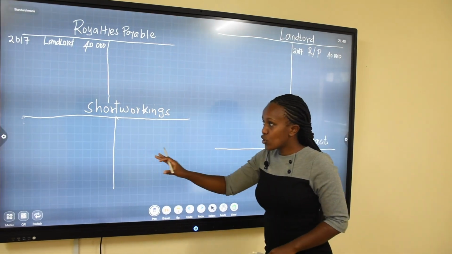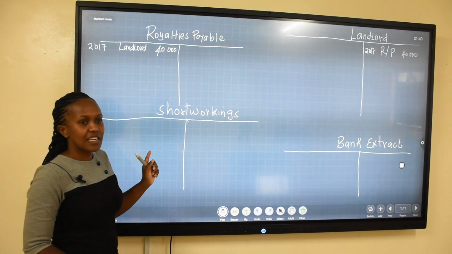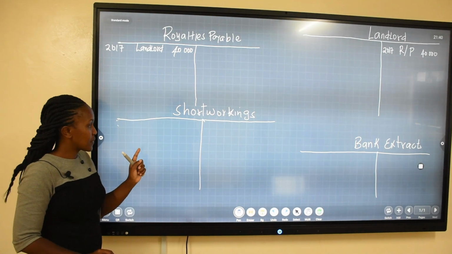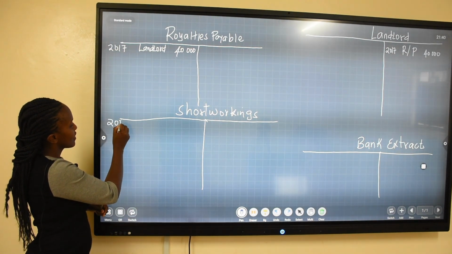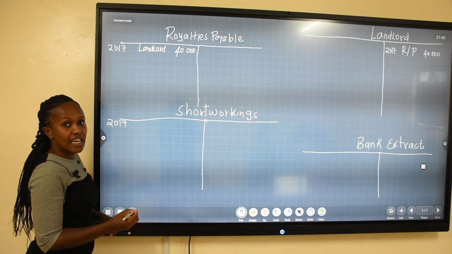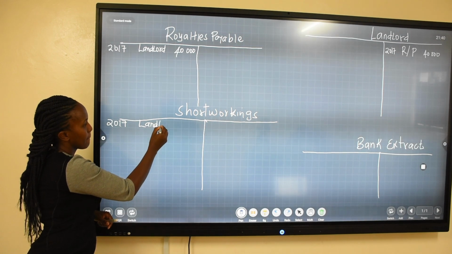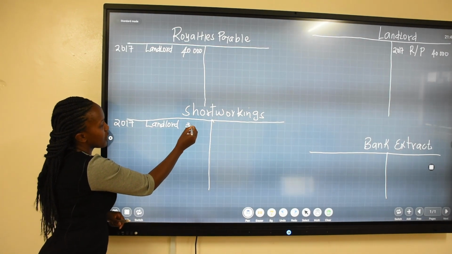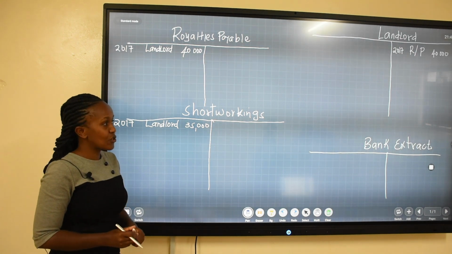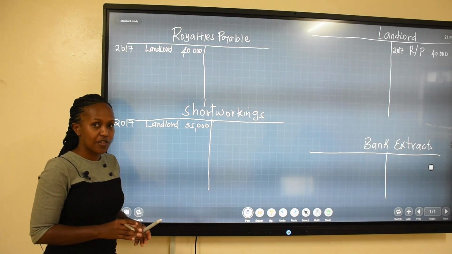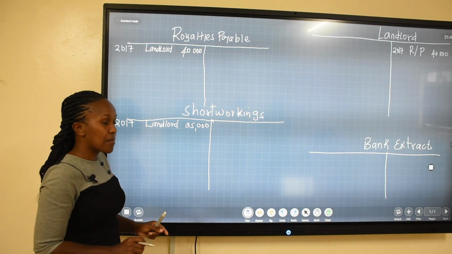Again, that short working here represents an expense. It represents an expense to the tenant. So in 2017, he's going to say that he has to give the landlord 35,000 from his own pocket so that he completes the whole amount that he owes to the landlord, which we are saying is 75,000, because the landlord cannot take anything less than the minimum rent.